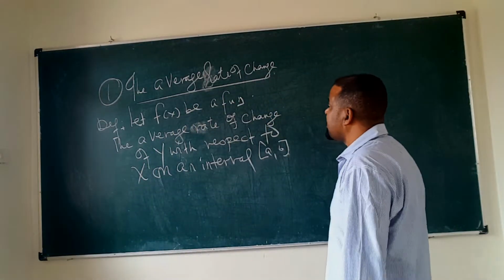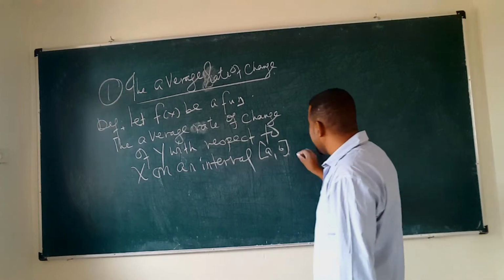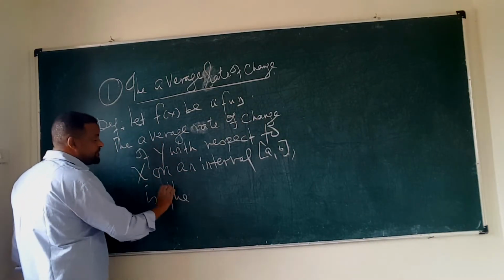So the average rate of change of y with respect to x on an interval ab is, look at the definition, the expression.